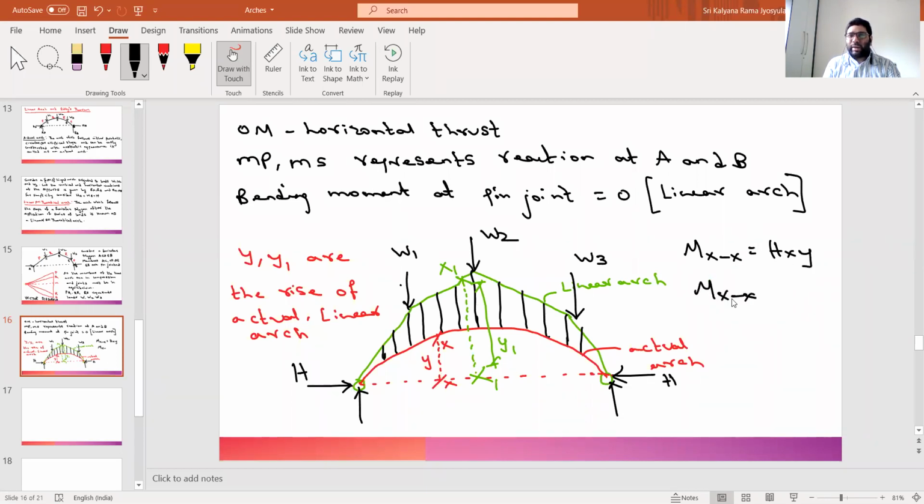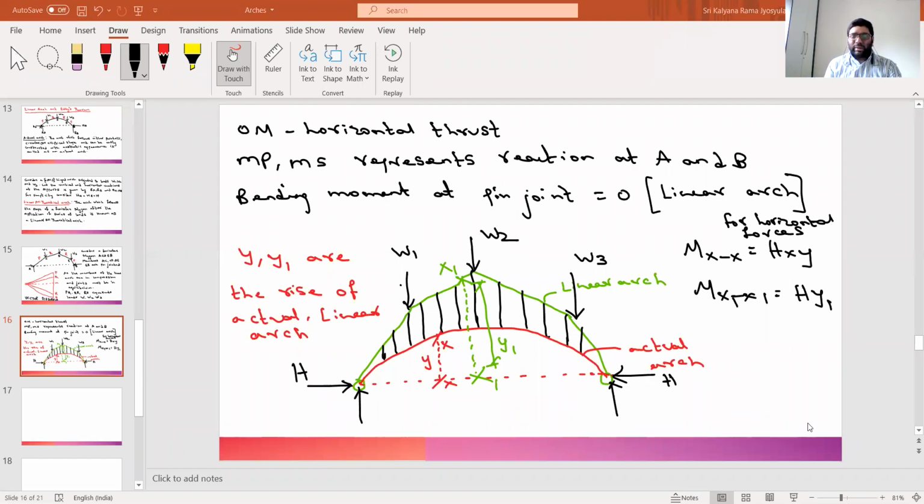And the bending moment at section x1 will be given by what? H y1. I am writing it only for the horizontal force because the vertical is anyway the same as that of a beam. Whatever additional part we are seeing in the arch, that is what we are considering here. So Mx1 is H y1.